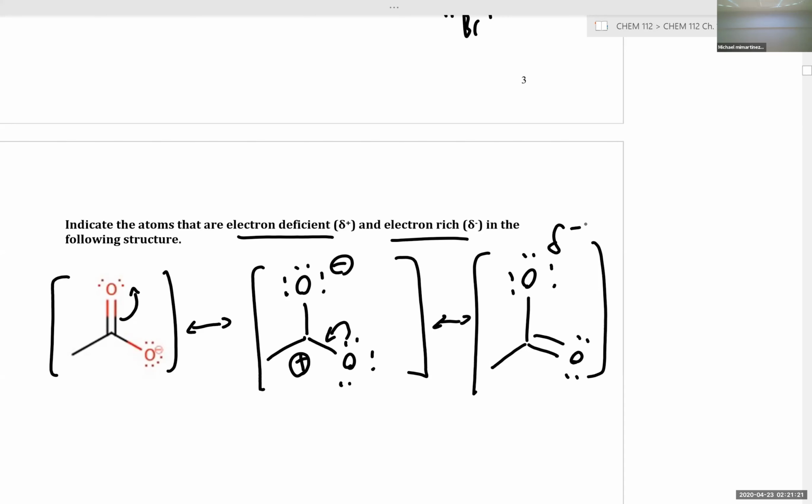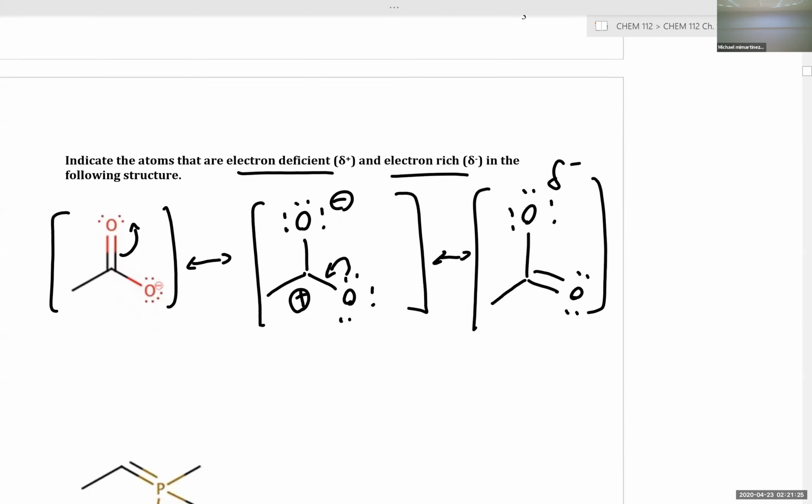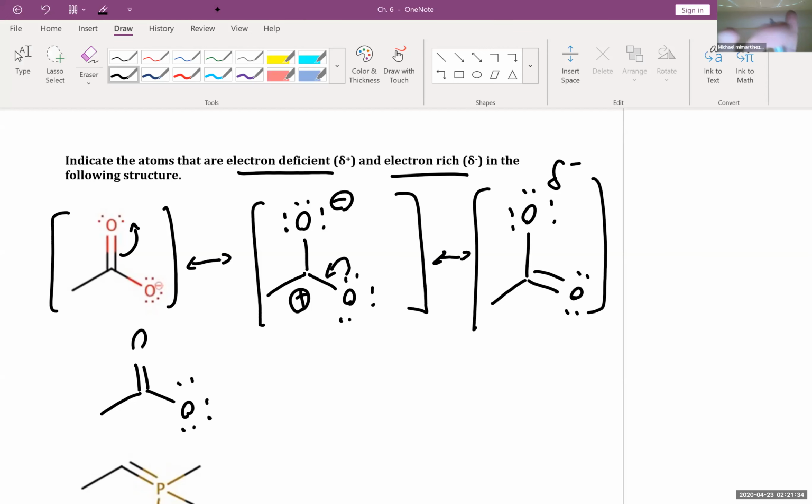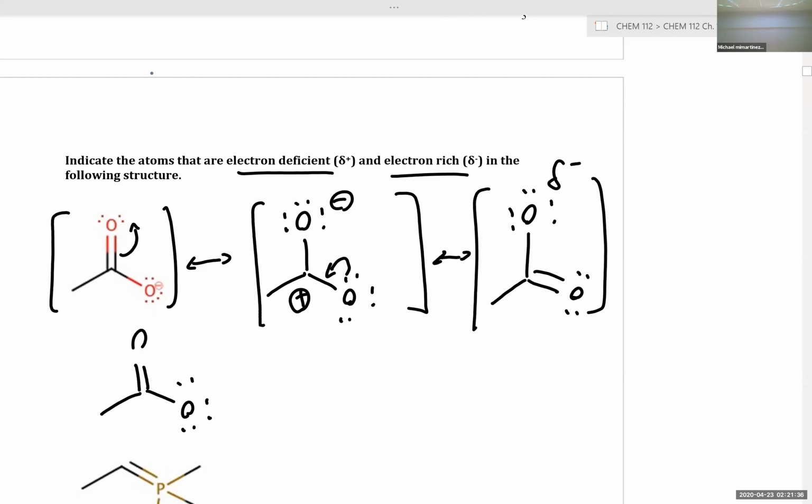Okay, so with that all established, my question to all of you is, if we look at our molecule, which sites are electron rich? What sites are electron rich by resonance and by induction? What sites do we see a partial negative charge?